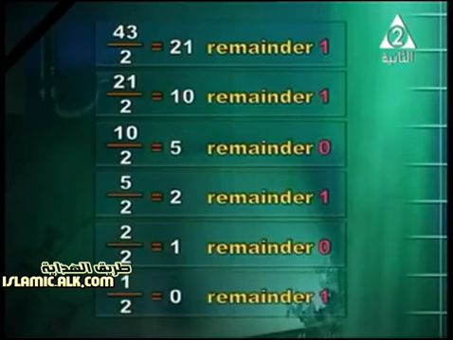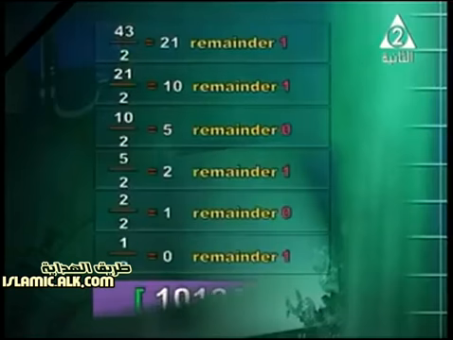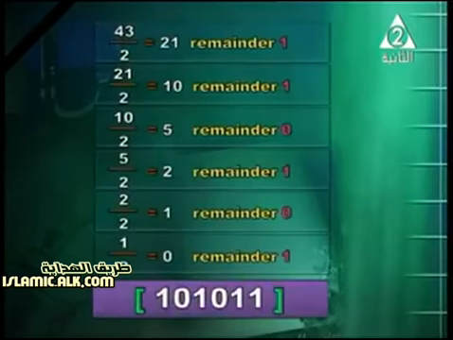And 1 over 2, we don't find any 2's in 1, so it will give 0. Remainder is 1. Your attention, please, to observe how we write the number. It will be 1, 0, 1, 0, 1, 1 to the base of 2.